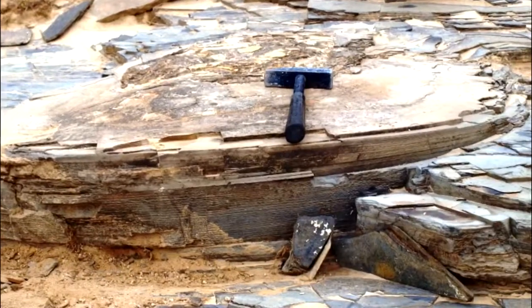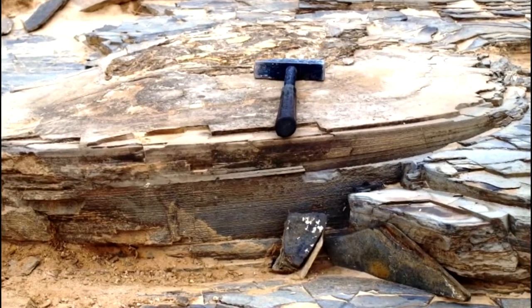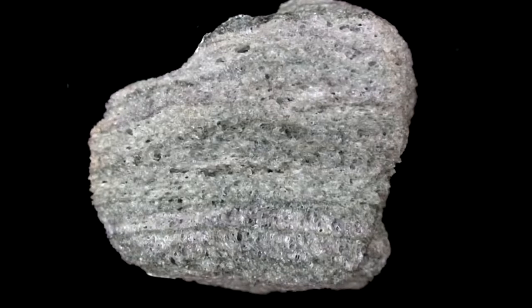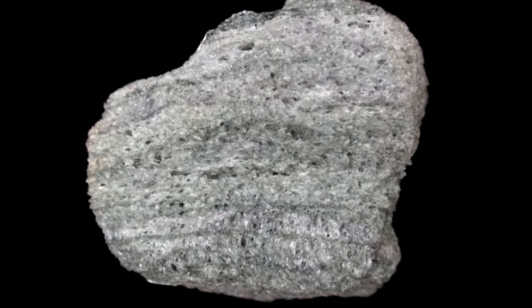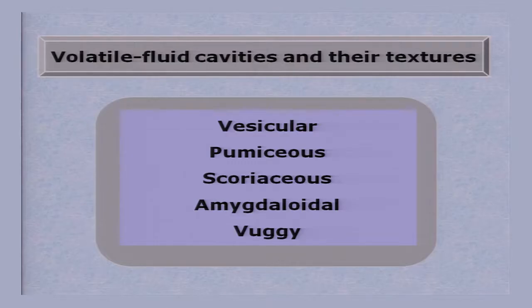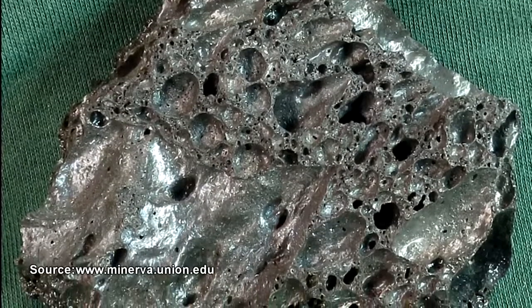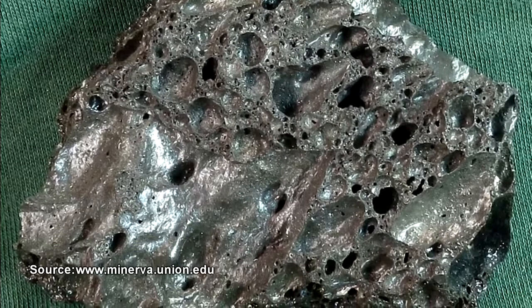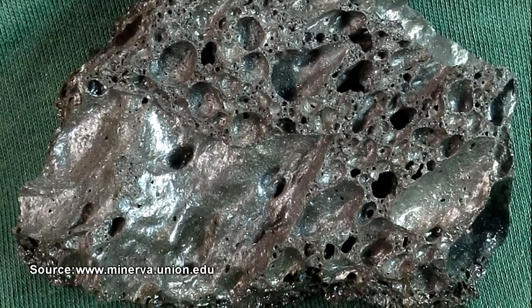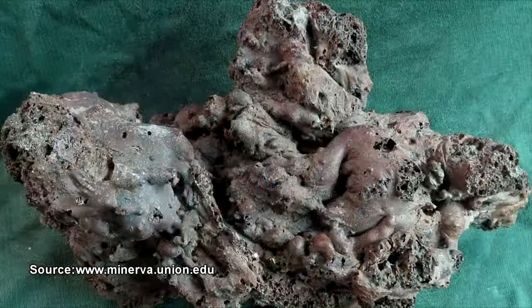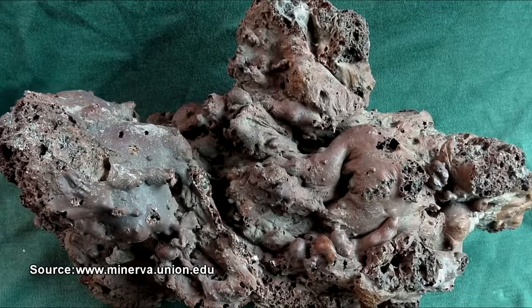Pumiceous: the number of vesicles, the density of vesicles, is increased several times. Scoriaceous: open spaces, and the number of vesicles is enormous, to the extent that the density of the rock is reduced and the heavier rock becomes a lighter rock.